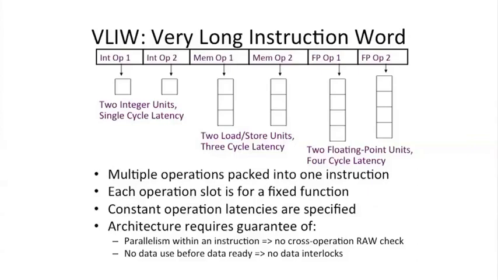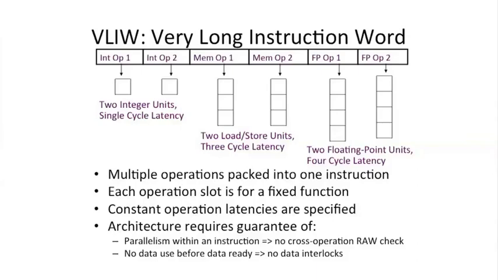Very long instruction word processors, or VLIW for short, is one take on it. There's been a fair amount of work done after this, which we're not going to be talking about in this class, in the last 5 to 10 years, that has looked at this in a little bit more detail, especially given multi-cores and can you schedule across multiple cores.